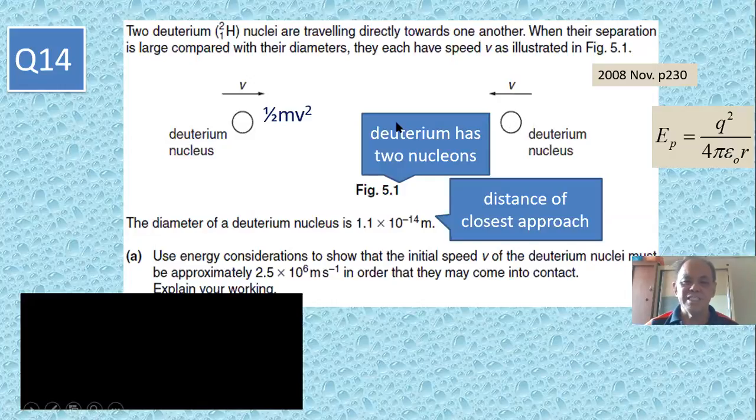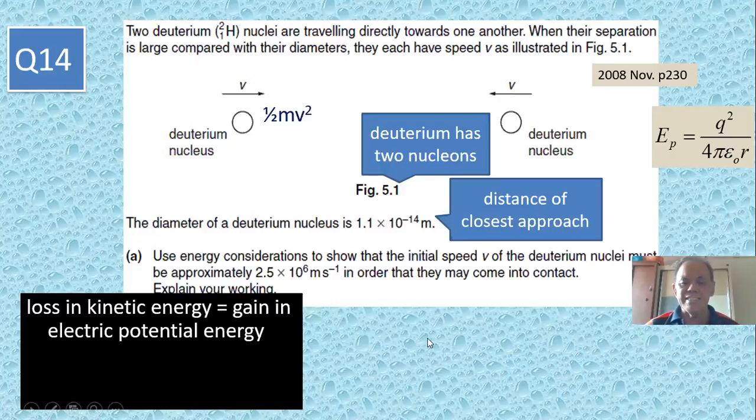Both of them have a charge Q. So basically, it's conservation of energy. These two have kinetic energy. They come together, and when they touch, there will be a gain in electric potential energy. So just put it there.